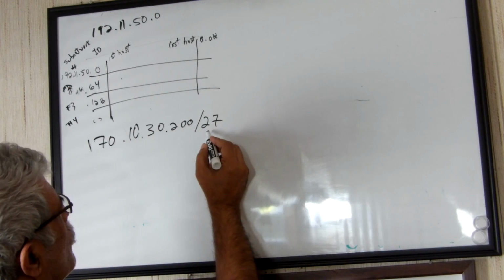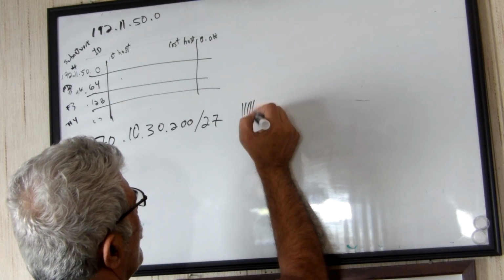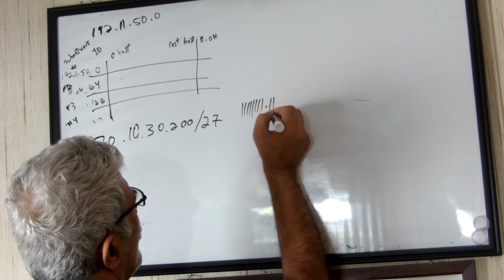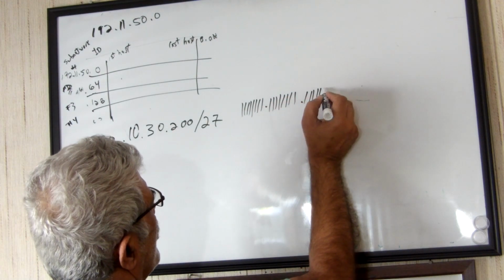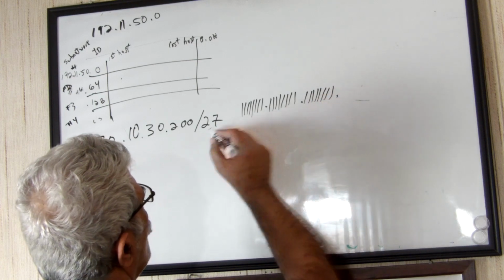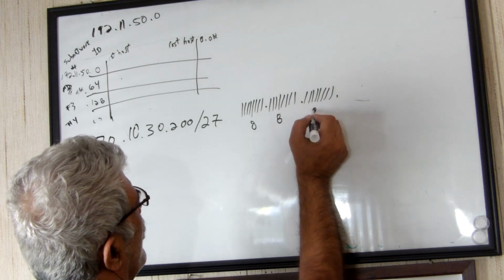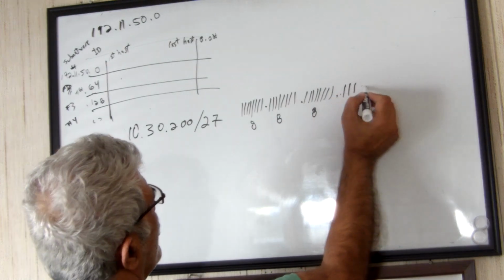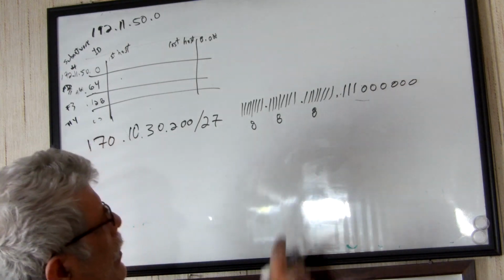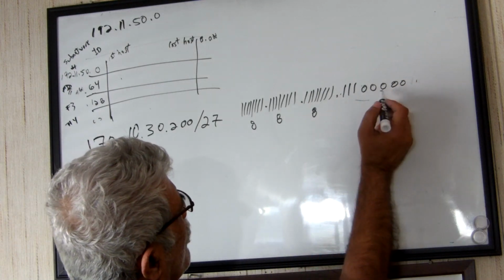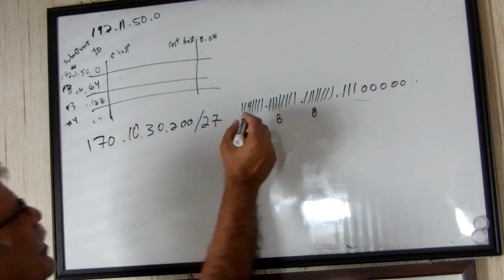Means 27 ones. This is 24: 8, 8, 8, and then 1, 2, 3, and the rest is 0. 5 plus 3, 8, means 255.